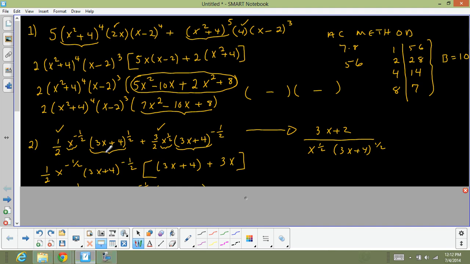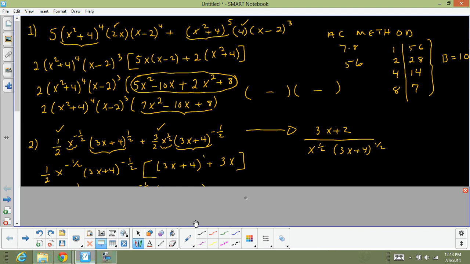Now, of course, the first expression is not difficult: 1/2 divided by 1/2 is going to give you a 1. The x to the minus 1/2 being factored out, you divide x to the minus 1/2 by x to the minus 1/2, and that's going to give you a multiple of 1. Make sure you understand how when 3x plus 4 to the 1/2 is divided by 3x plus 4 to the minus 1/2, you subtract those exponents, as we mentioned in a video earlier this week. 1/2 minus minus 1/2 results in a factor of 3x plus 4 to the first power.